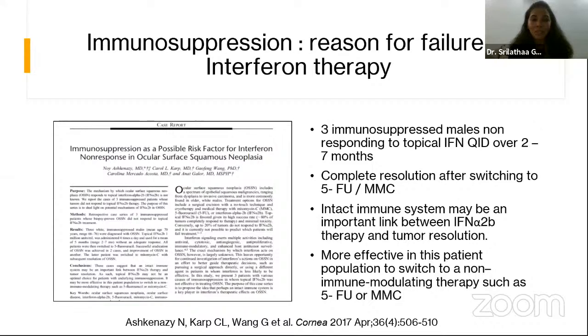Again, they found a similar complete resolution after switching to 5-fluorouracil or mitomycin. They concluded that an intact immune system is an important link for interferon to act and for the OSSN to resolve. So it is suggested that in patients who fall in this category, whether immunosuppressed or otherwise, it is better to start on 5-fluorouracil or mitomycin C instead of an immunomodulating drug like interferon.